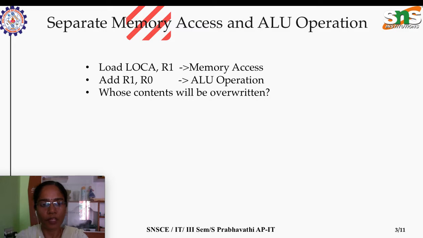We have seen memories like cache memory, main memory, RAM, then secondary memory. Here a register is a kind of memory which is very fast and limited to a few in number. Registers are not big in size, and there are only a few of them.